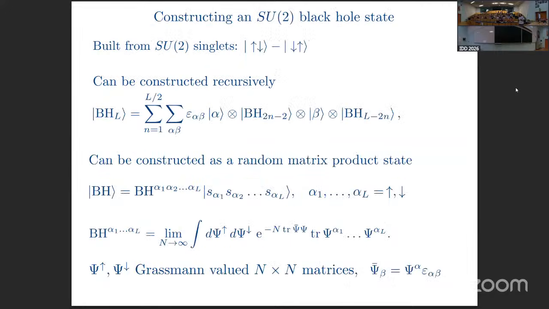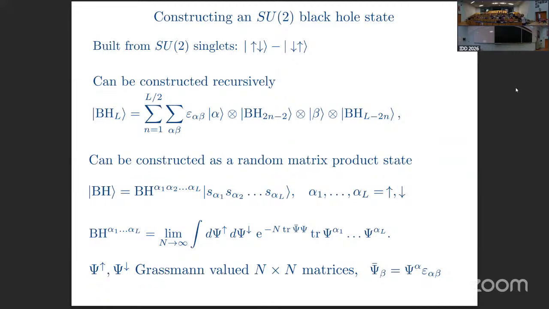Okay, first of all, let's do a warm-up exercise. Let's try to figure out what would be a black hole state in the SU2 spin chain, because it's simpler than the SO6 one. So we would build it by analogy with the SO6 case. We'll build it from singlets, or two-side singlets. But two-side singlets in SU2 are of course different from singlets in SO6. In SU2, a two-side singlet simply looks like this.